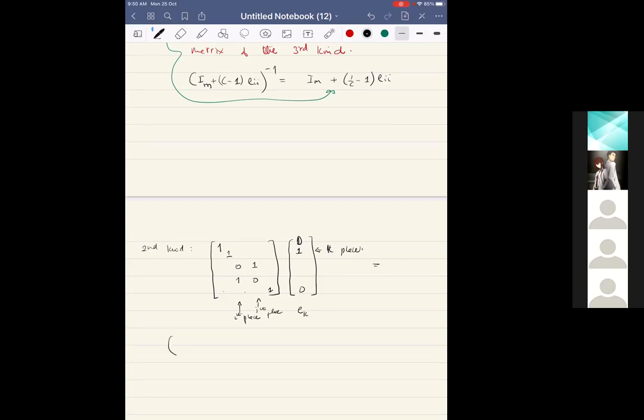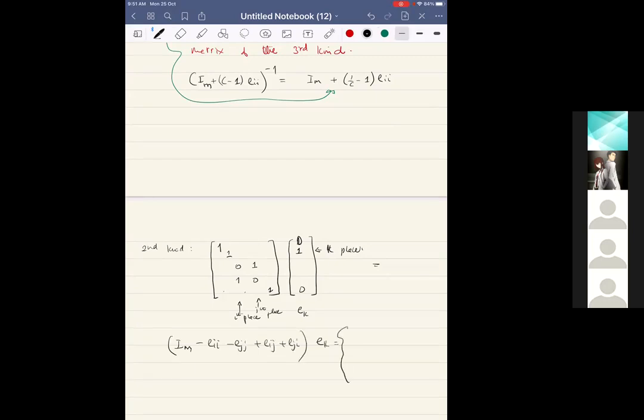So interchange. Let me just write I_m minus e_ii minus e_jj plus e_ij plus e_ji acting on e_k.